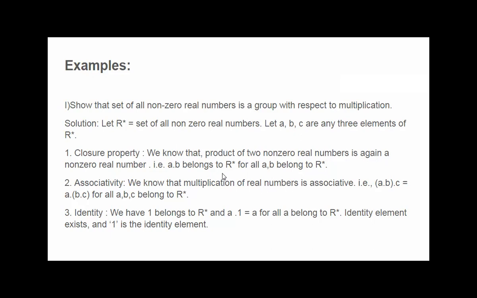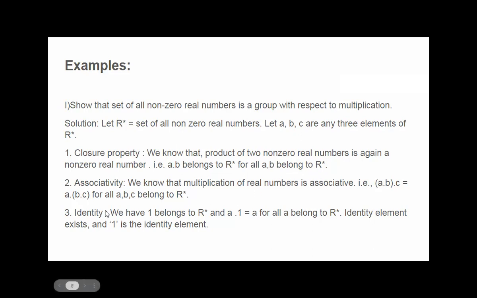Zero is not there in the set, so we can take any two elements and the answer of those two elements is in that set only. That is, A multiplied by B, that is A dot B belongs to R star for all A, B belong to R star.